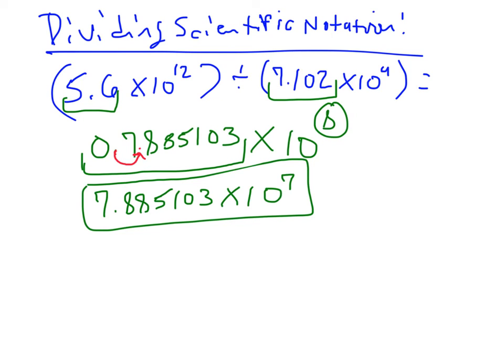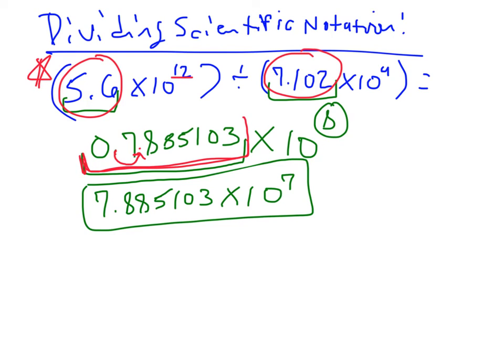And as you get more and more comfortable with this, you will recognize up here at the top in the beginning that you are dividing a smaller number by a bigger number, so you're going to get a decimal point. Now, of course, I'm just talking about the m part of the number.